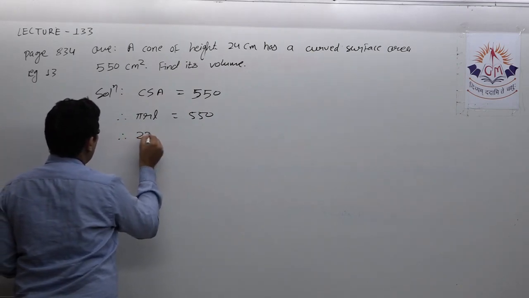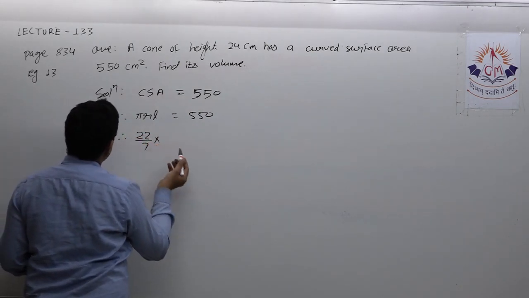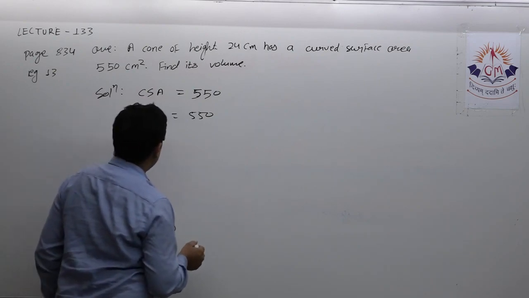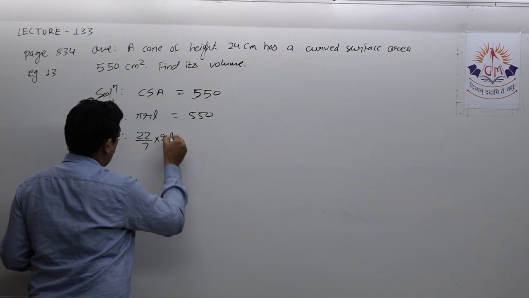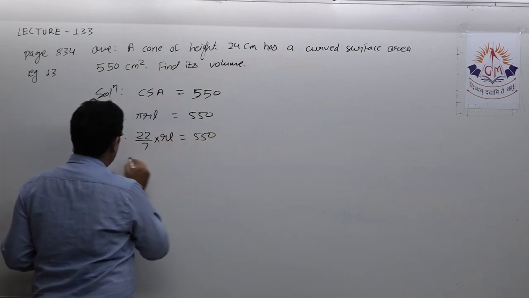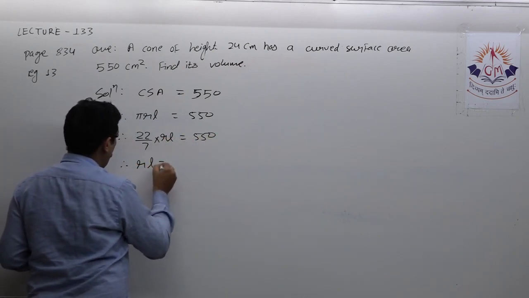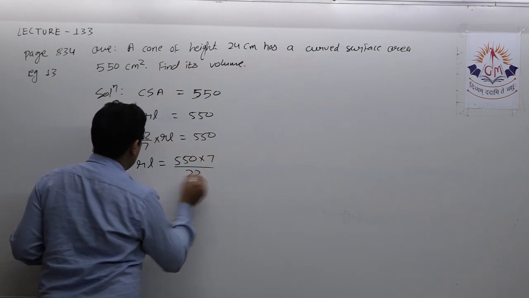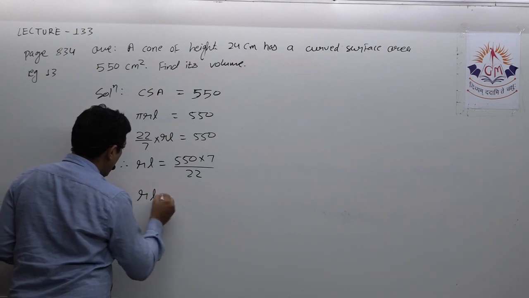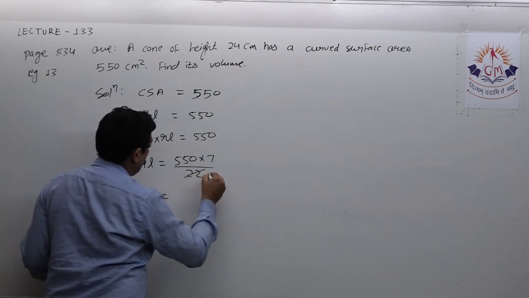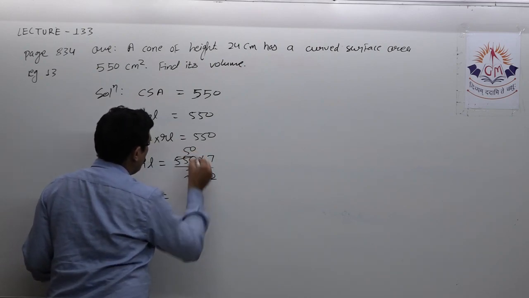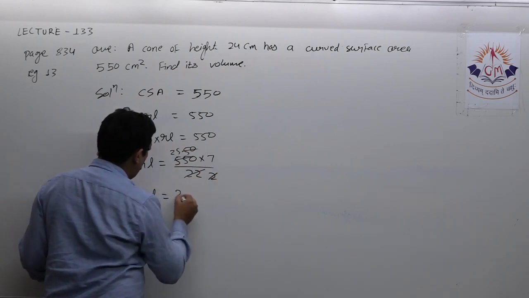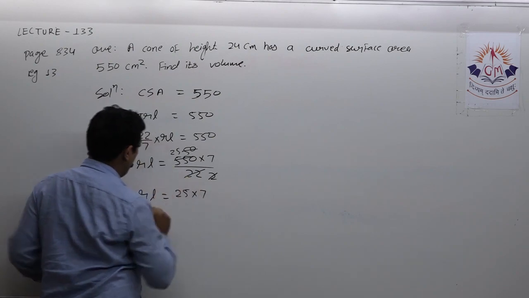Pi is 22 upon 7. R is not given, L is also not given. So R into L is equal to 550 into 7 upon 22. Now 11 2s are 22, 11 5s are 55, 2 5s are 10. So RL is equal to 25 into 7.